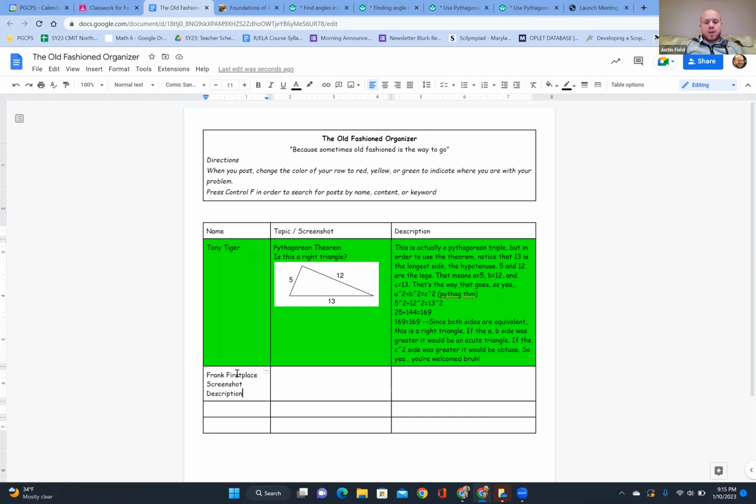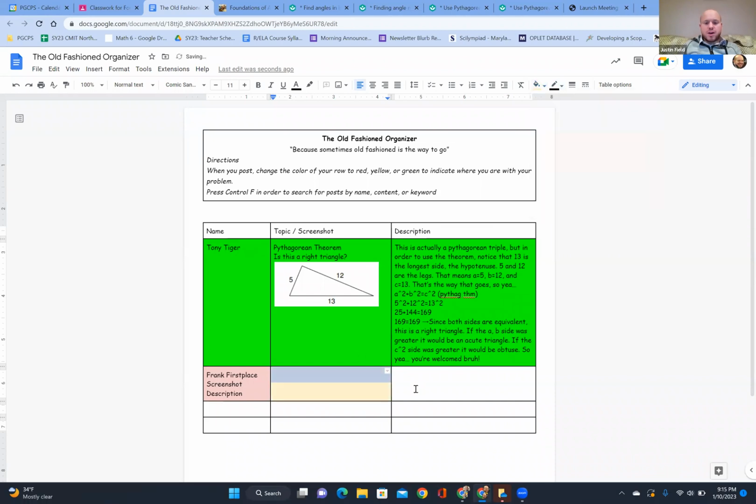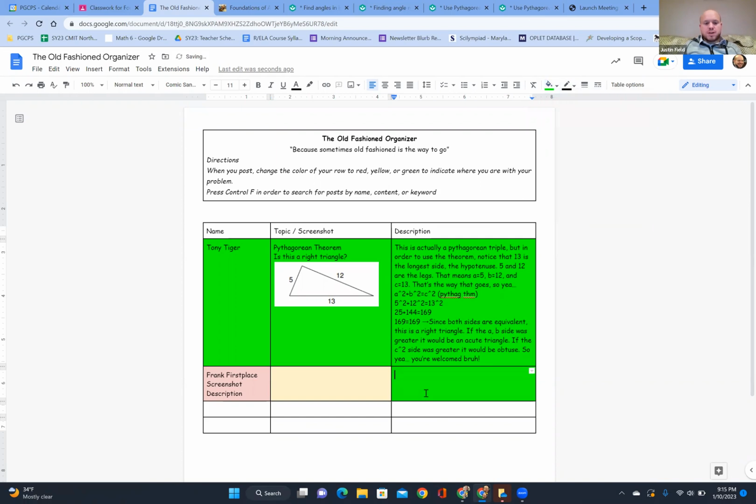Then you put your red, and don't choose the dark red, because that's too blinding. Just choose the nice light colors, and then this would be yellow, and then this would be your green column. So you could do it like that.